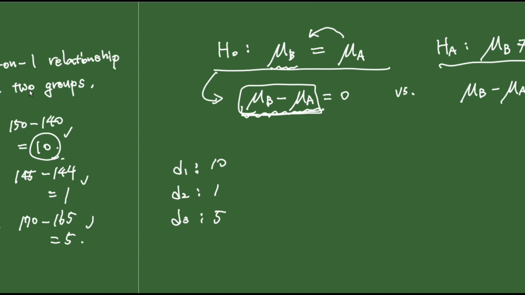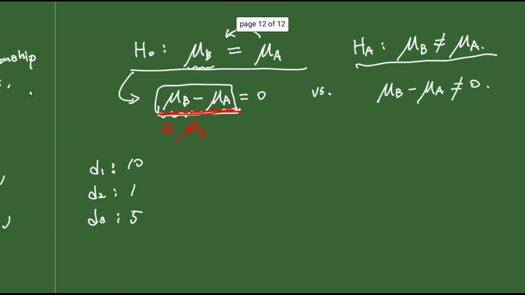Since we have the direct observation of this one, we can actually treat this thing as a new parameter, one parameter. So I would say maybe this one is the average or mean of the difference between the weights before and after workout. So I'd say maybe mu d, right?